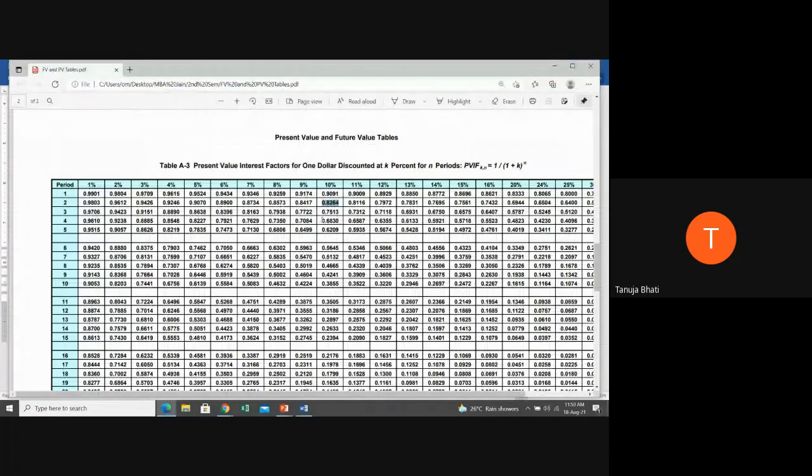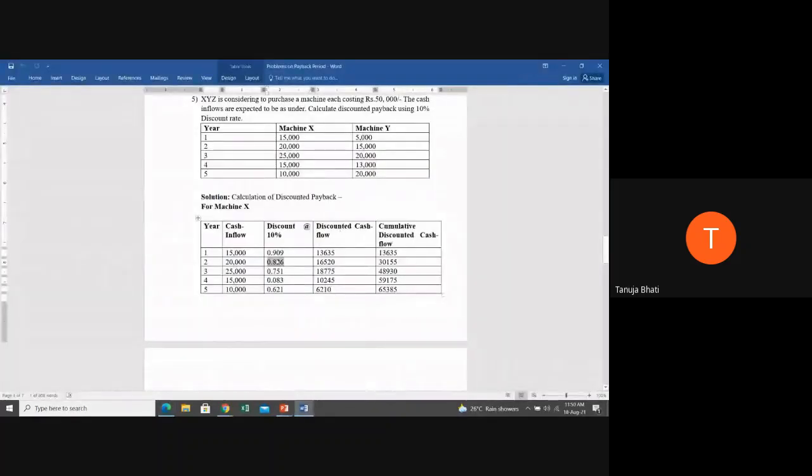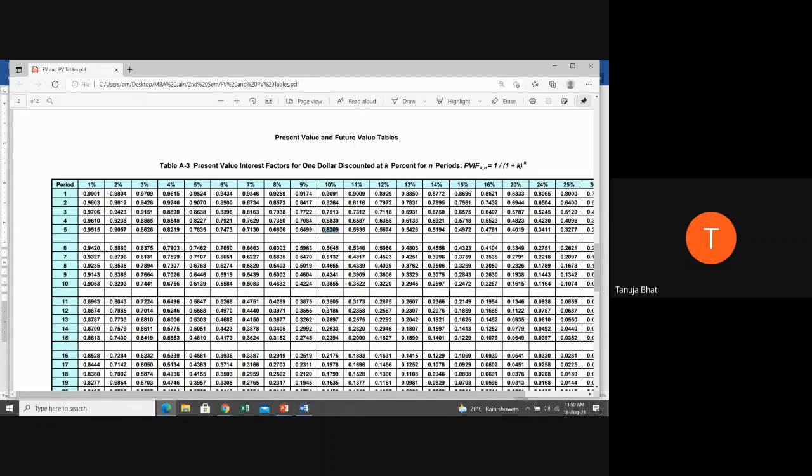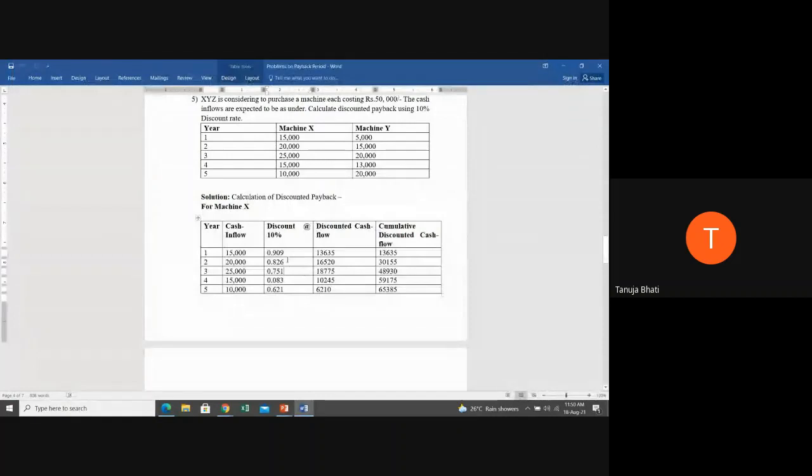So for the 4th year, you're going to take 0.6830, and for the 5th year, you're going to take 0.6209. So same, I have taken only 3 digits. So after 5, you will round it off to the next digit. That is why I have taken 0.621. Is this clear? So I've written the values.